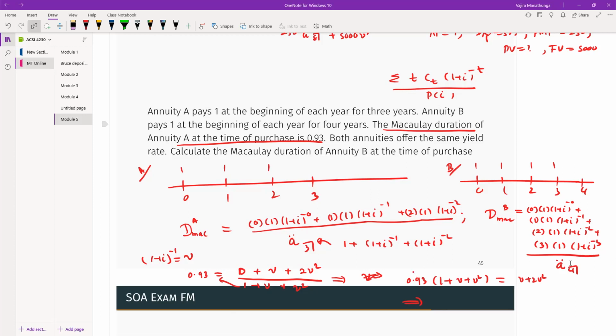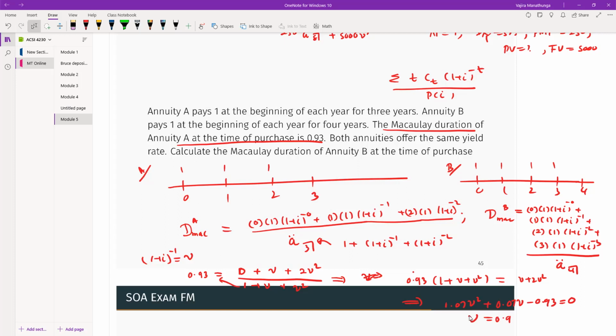And then from that one, you would get a formula which says 1.07 V squared plus 0.07 V minus 0.93 equals 0. And then from that one, you can get V. So using the quadratic formula, V is going to be 0.9. Okay. So V is 0.9.